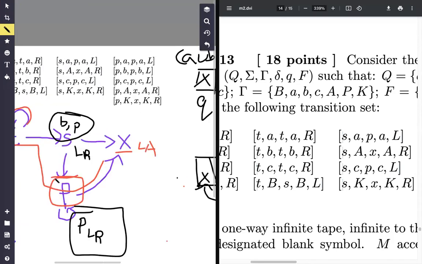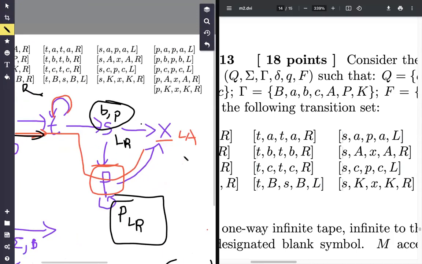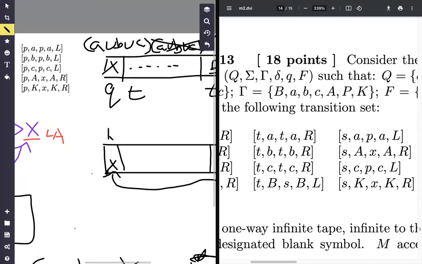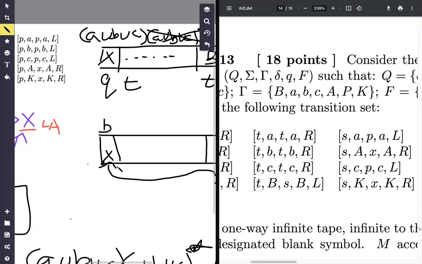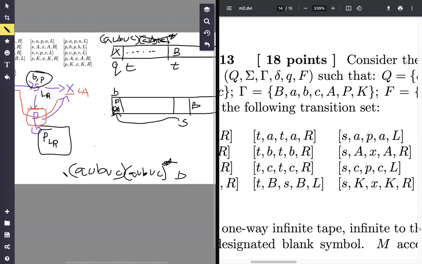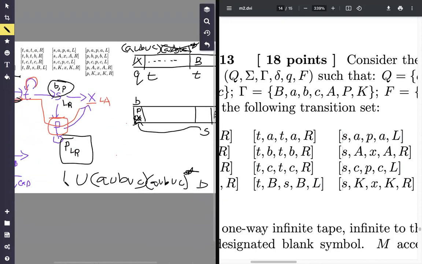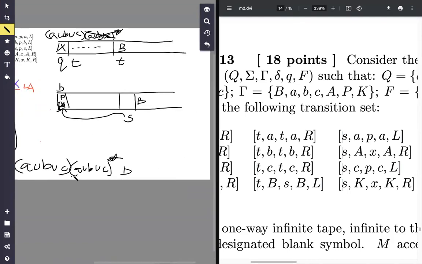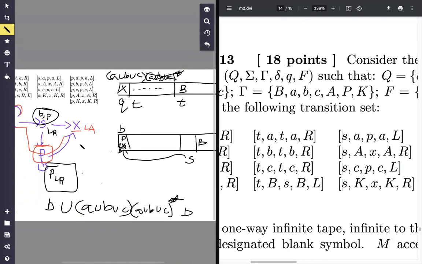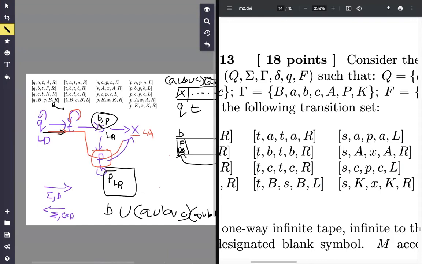And if the first symbol we want to see is a P, that means this X was originally a B. So this wasn't actually an X. We knew that this had to be P, and then that originally came from a B. So then to this answer, we also write or B. Okay, so that's everything in state S.